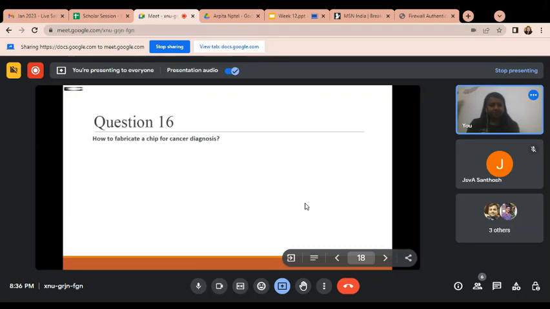And then we make, on top of the substrate, two contact pads.